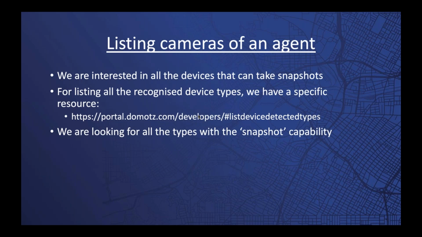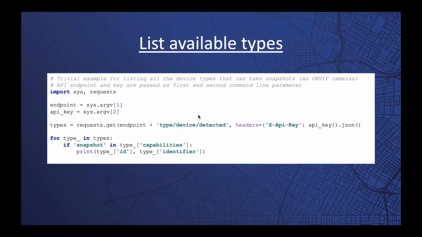Right now, only ONVIF cameras have snapshot capability, but probably in the near future, we will add other types of cameras or devices that can get image snapshots. And those new types will be usable with the same API I'm going to show you in the next example.